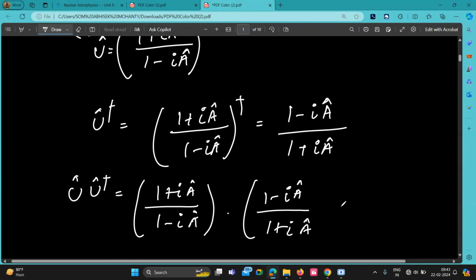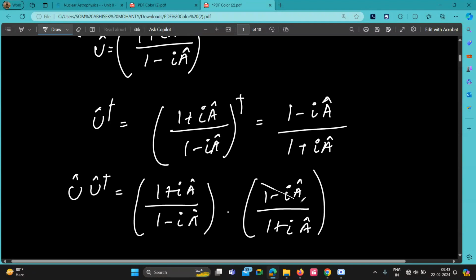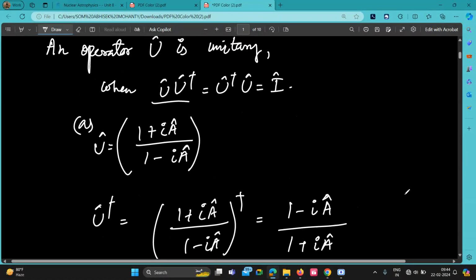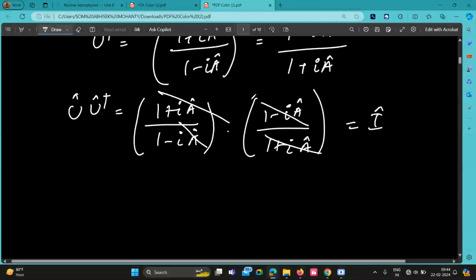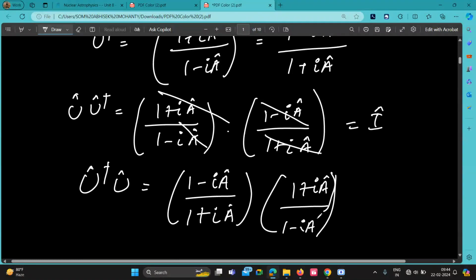Also we have to check the opposite thing. Let's see first: this is cancelled, this is cancelled, so this is I. The other way around, U dagger into U will be (1 minus iA) divided by (1 plus iA) into (1 plus iA) divided by (1 minus iA). These cancel out.